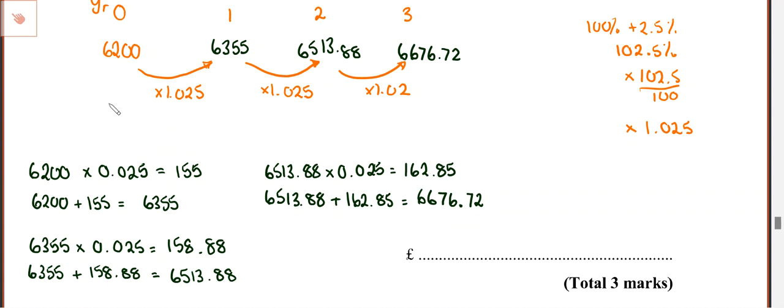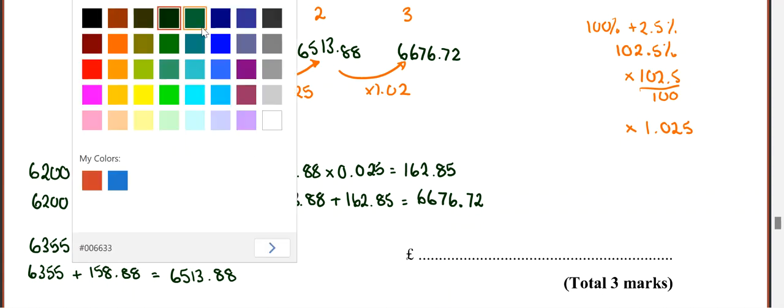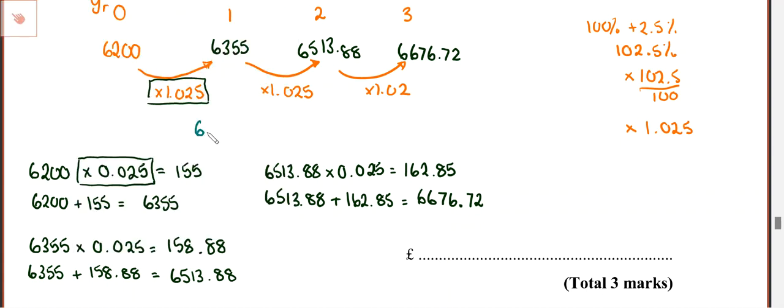What would be a quicker method? Well, instead of multiplying by 0.025, if we multiply by 1.025, that's all we have to do. That does the adding. So what I can do with my method is do 6,200 times 1.025 to the power of 3.